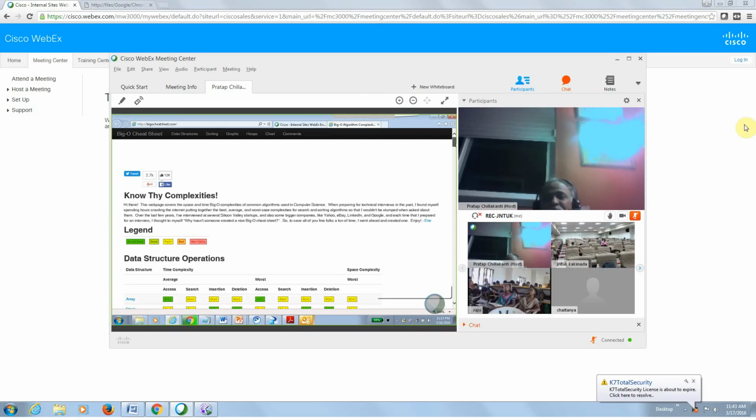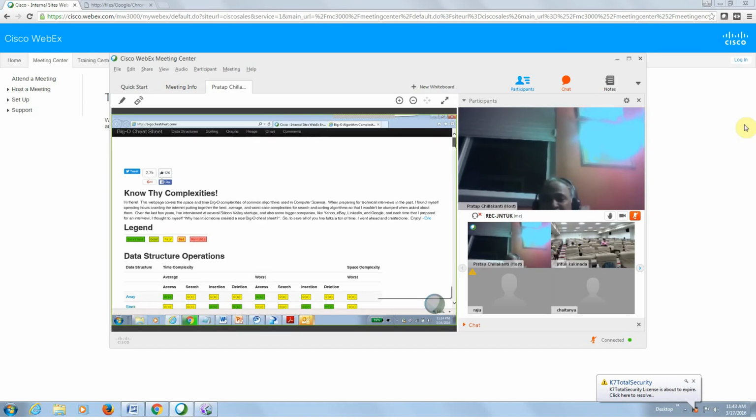Nice guy. He says he put it together because all the students, including my sons, who just got their jobs, are really grilled on these data structures. If they're a computer science student, they are grilled on big O's and things like that. So he put together a beautiful thing here.